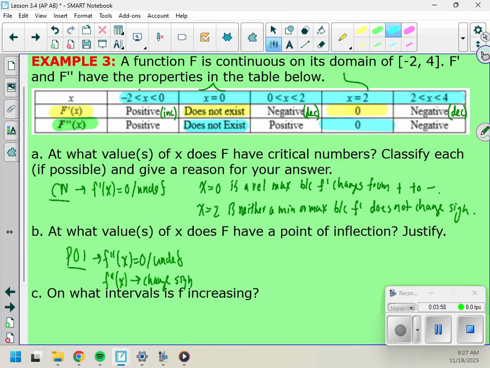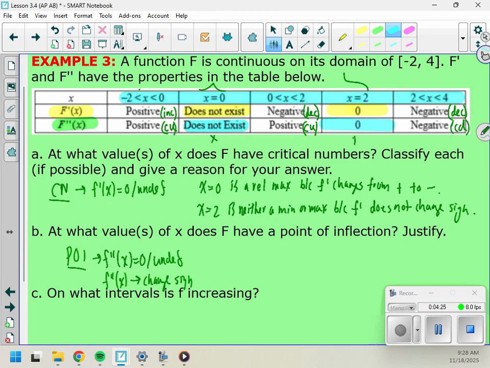So at x equals 0, it doesn't change sign because we go from positive, which is concave up, to positive, which is concave up. So x equals 0 is not going to be a point of inflection. But at x equals 2, we go from concave up to a negative second derivative, which means we're going concave down.